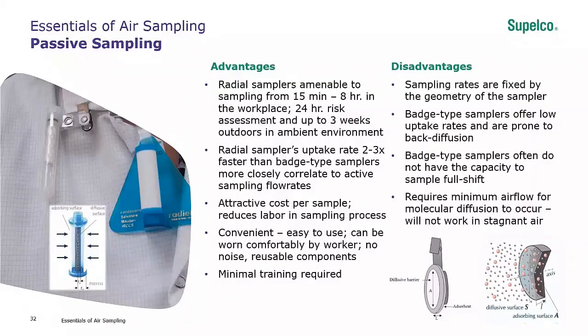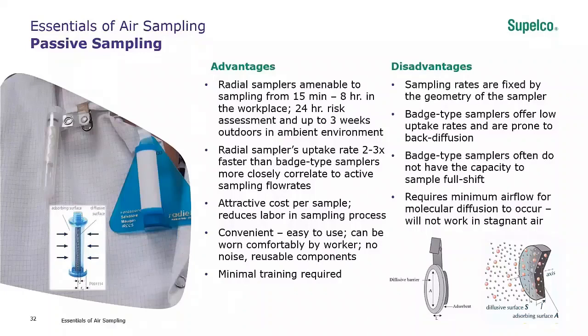Badge type samplers do offer low uptake rates and are prone to back diffusion, and they often don't have the capacity to sample for a full shift. However, they're great for routine monitoring where your process is under control and workers wear a badge for that extra security. So definitely the badge style passive samplers do have a place in the market for routine monitoring in controlled conditions.